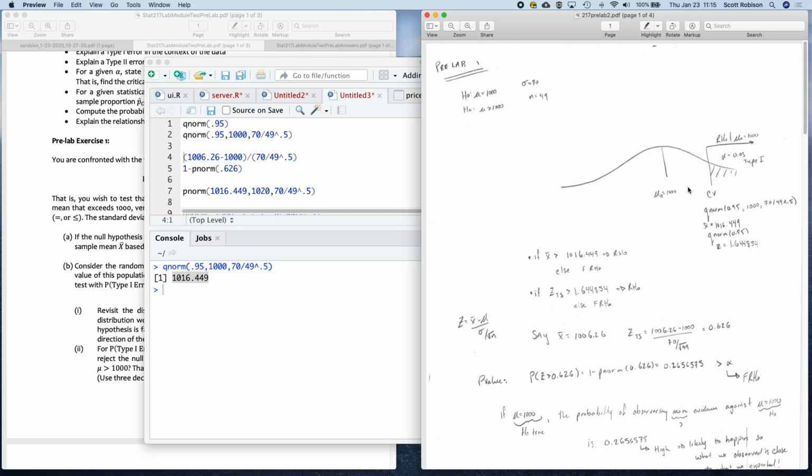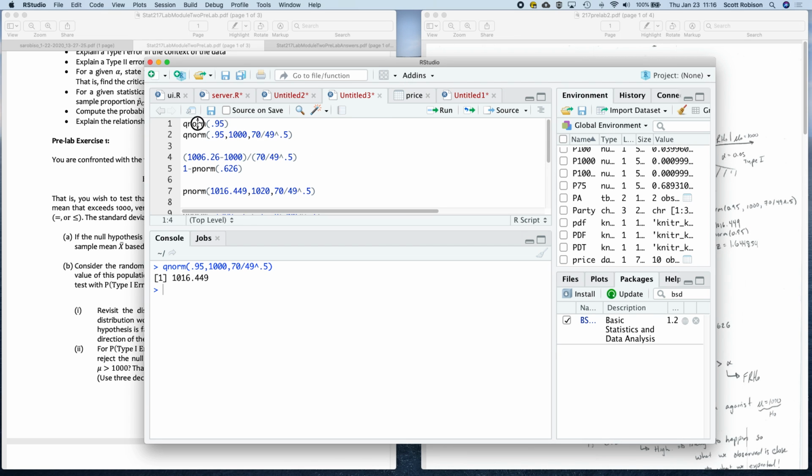Of course, you could get this into standardized notation, or z-scores. Instead of doing qnorm of 0.95 where the middle is 1,000 and the spread is 70 over root 49, you could say, what about if I've got 95% on the left, where the middle is 0 and the spread is 1? That's standard normal here.